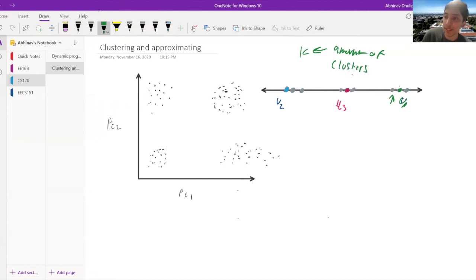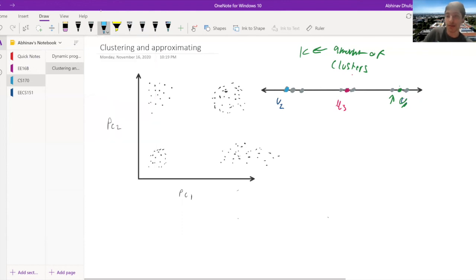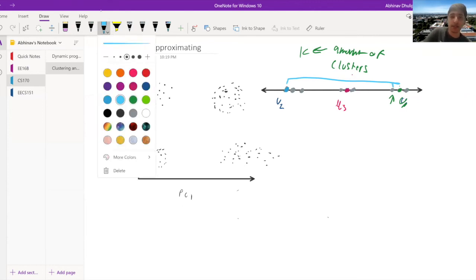Okay, so what's our distance to U2? Well, our distance to U2 is going to be right here. Oh no, that is absolutely massive. Our distance to U3 is going to be right here.